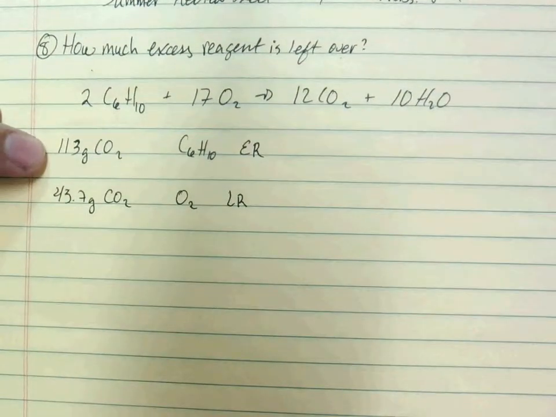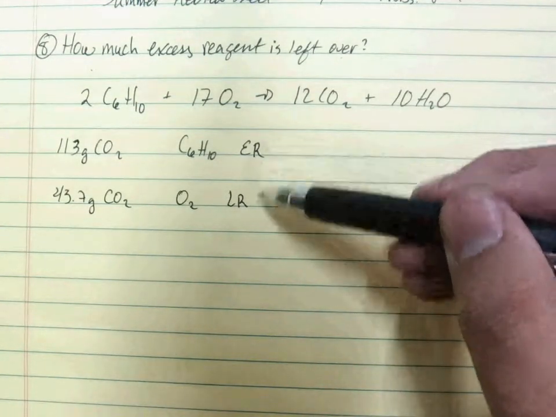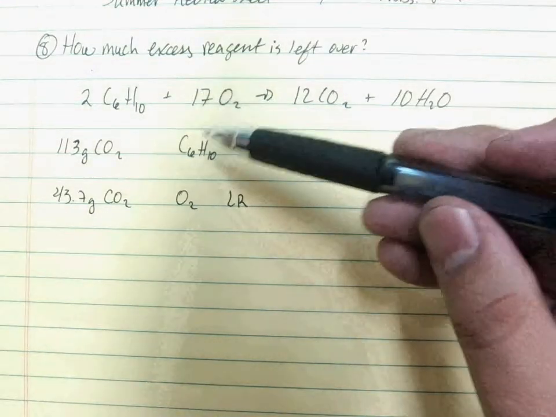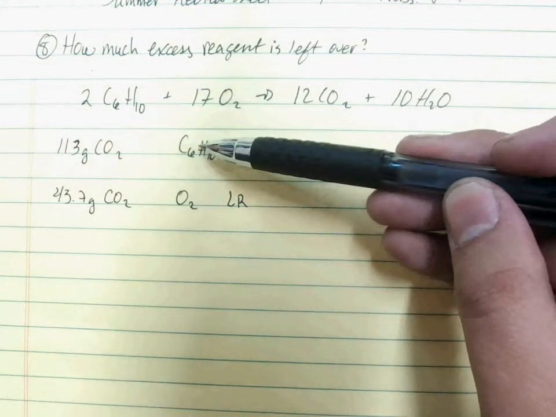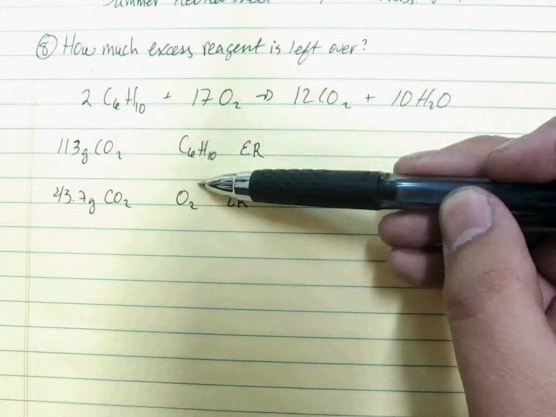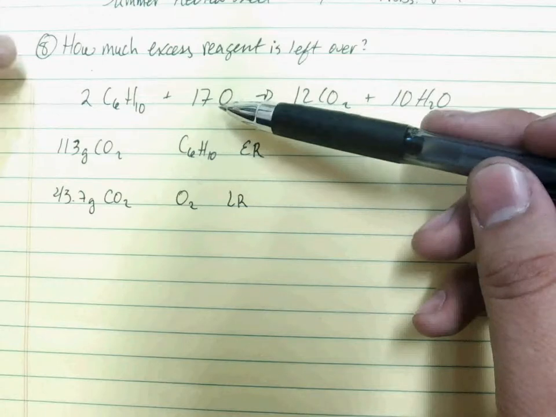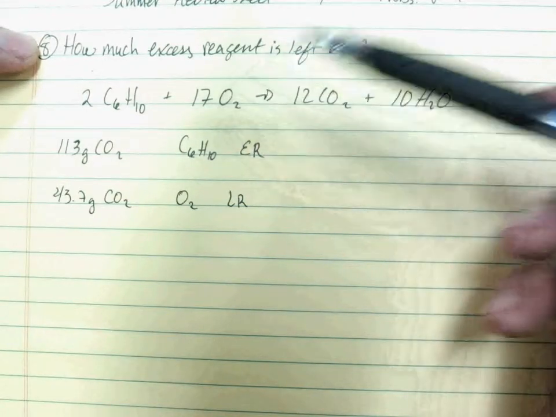Remember, we worked these out as if they were independent, but actually they're occurring at the same time. You are mixing the 35 grams of C6H10 with the 45 grams of O2. So they're both combining, and question 8 is asking how much would be left over.